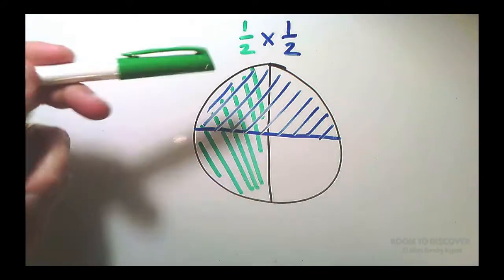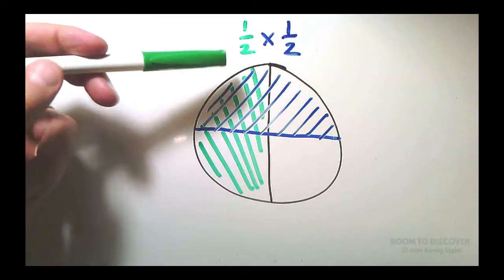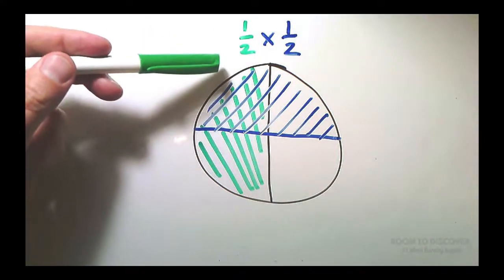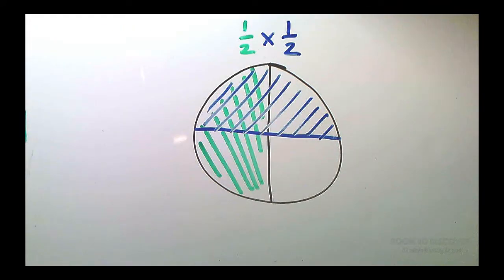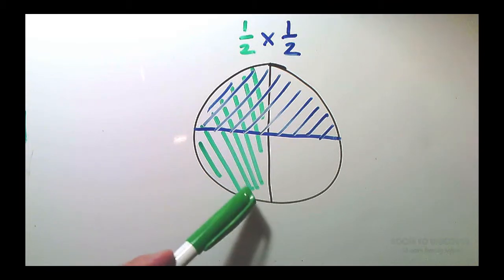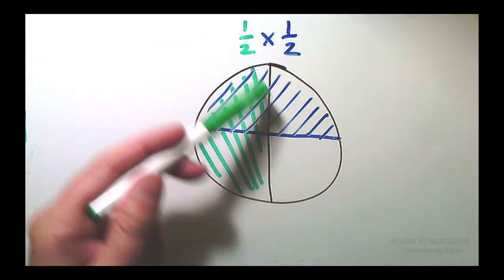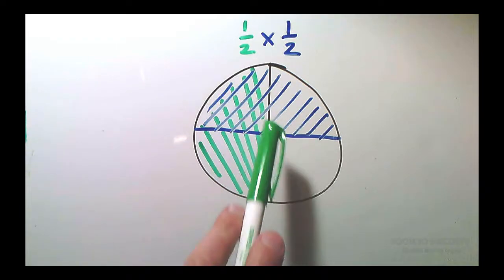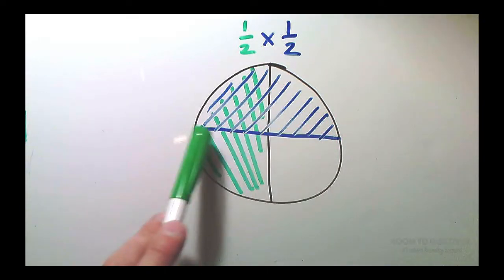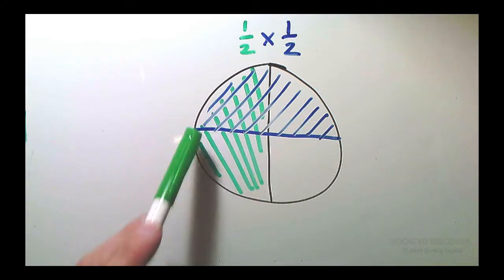So 1/2 is probably our most basic fraction, and so it's a great place to start is to do 1/2 times 1/2. And what I've done is I've colored in half of this circle in green. That's my 1/2. Then I took 1/2 of 1/2.